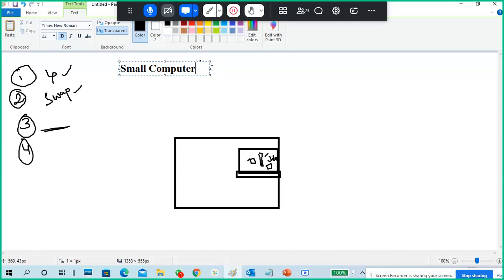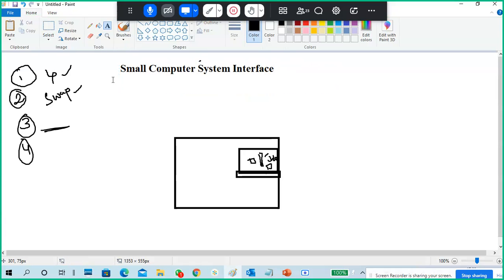Next, the board which is this kind of stuff is nothing but a system interface, an adapter. That's why it is called SCSI. Some people spell or say it differently, but it stands for Small Computer System Interface.